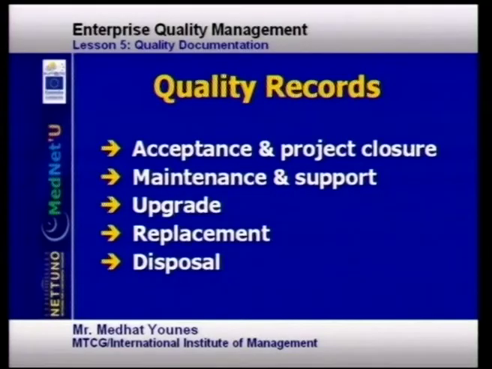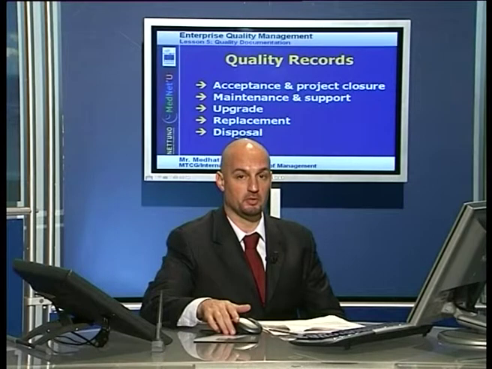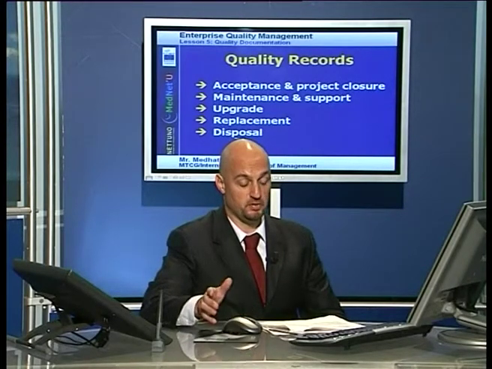Maintenance and support. It's quite self-explanatory. Any upgrades to the system or products should be documented and maintained. The same thing with replacement and disposal of items, products, processes, and services.